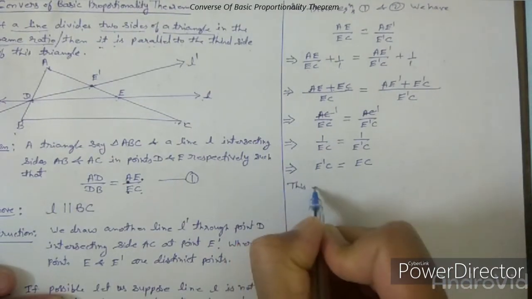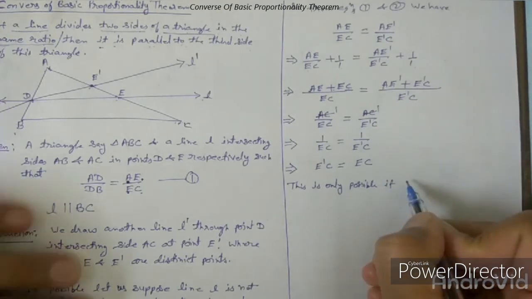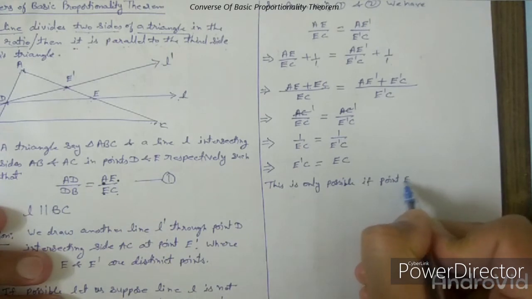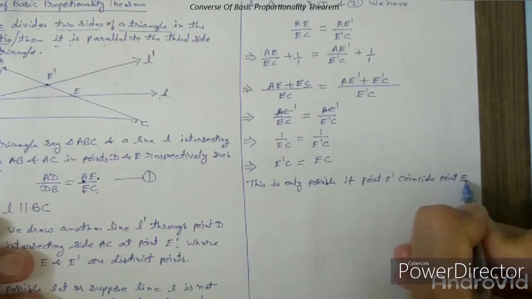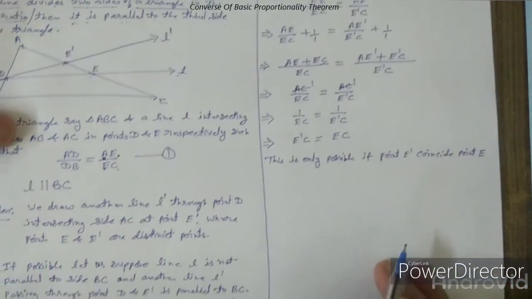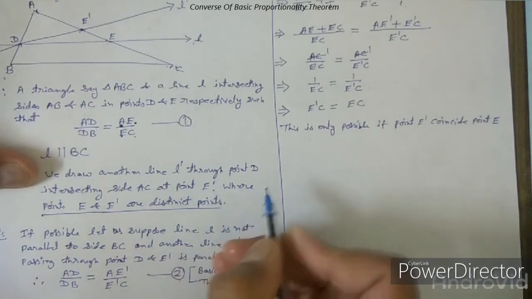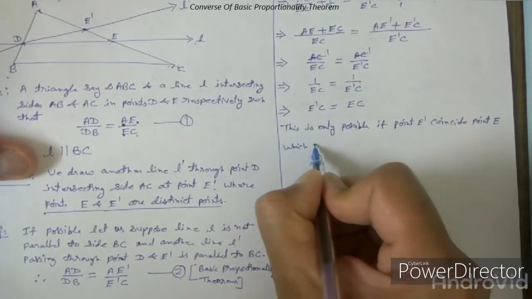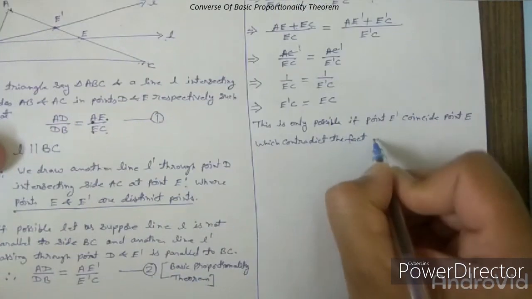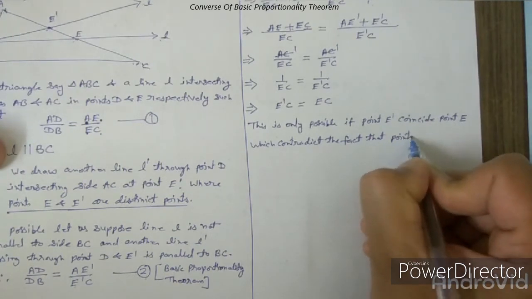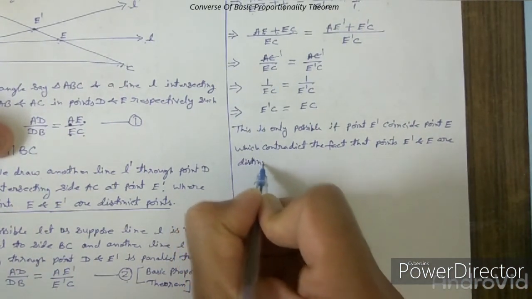So this is only possible if point E dash coincides with point E, which contradicts the fact that points E and E dash are distinct points.